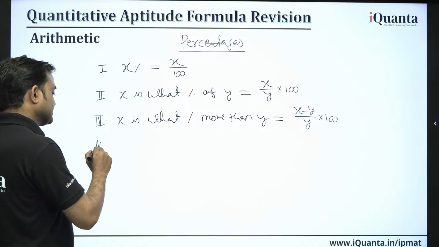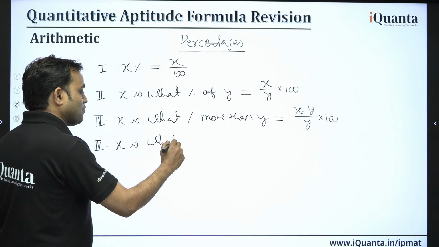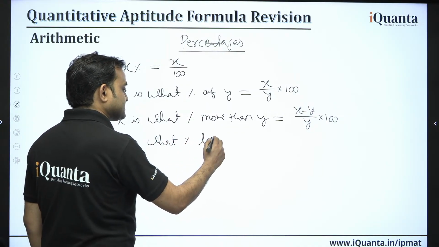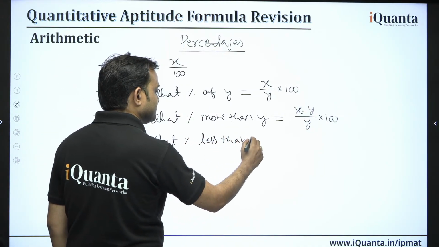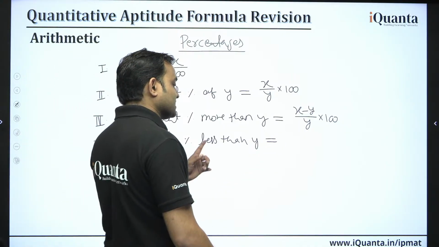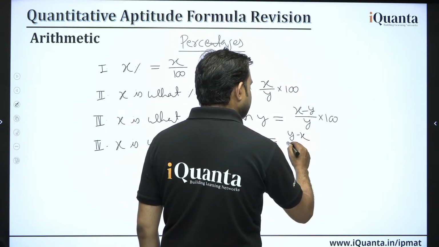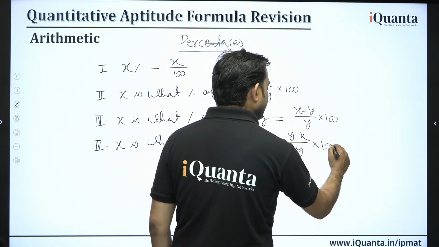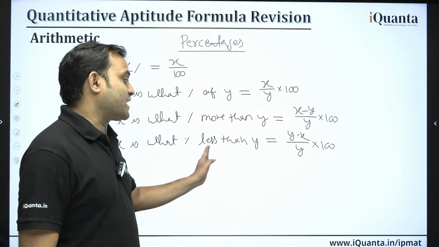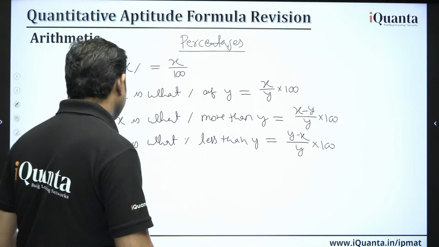Then if x is less than y, we can say x is what percent less than y. Comparing two different values, in this case y is greater, so it will be y minus x upon again y, because we are comparing with respect to y. So y minus x upon y into 100.